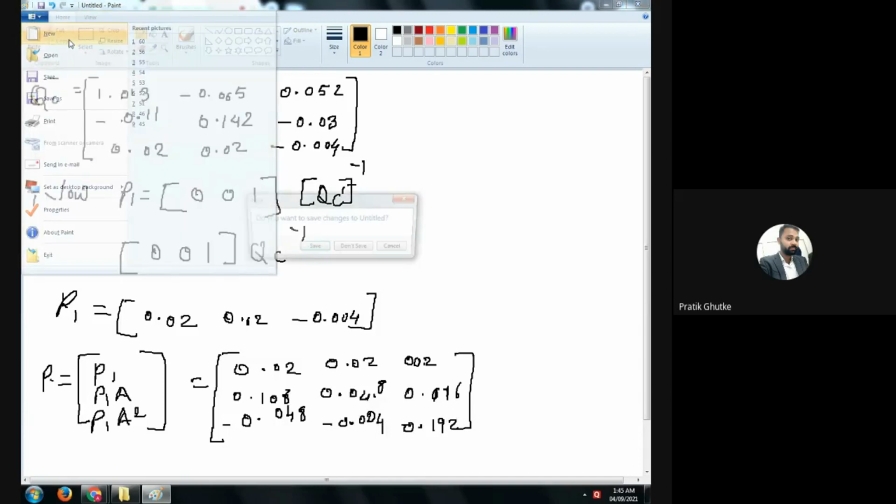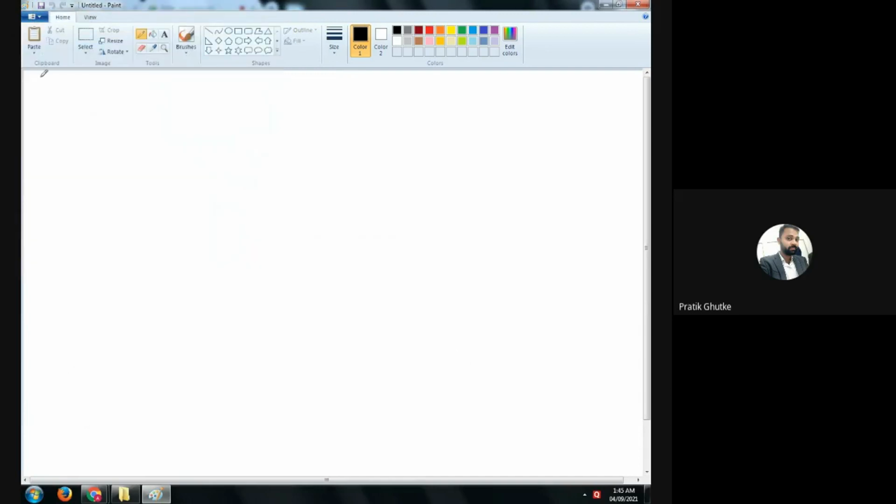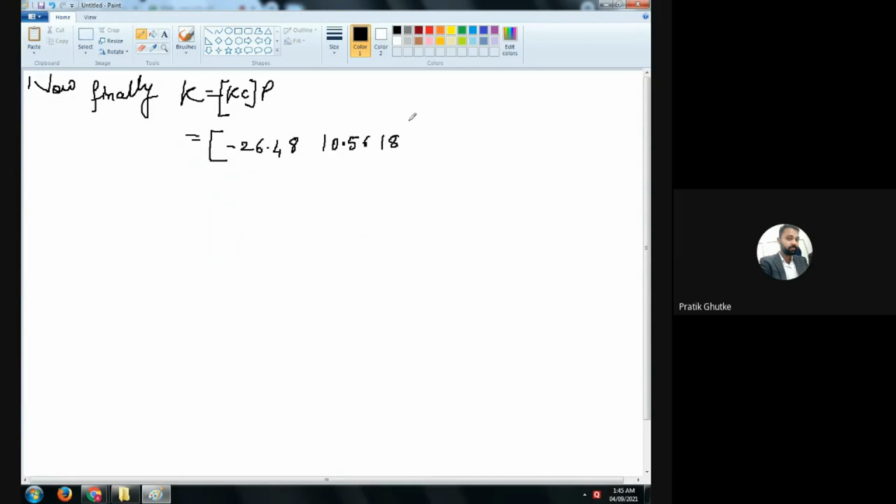Now moving forward, what I have to find finally: K equals Kc into P matrix. Kc, you know that. The Kc matrix we have already found out: minus 26.48, 10.56, 18.